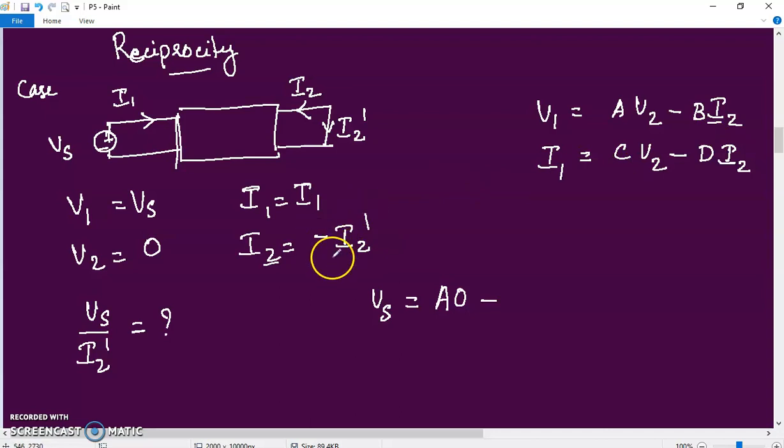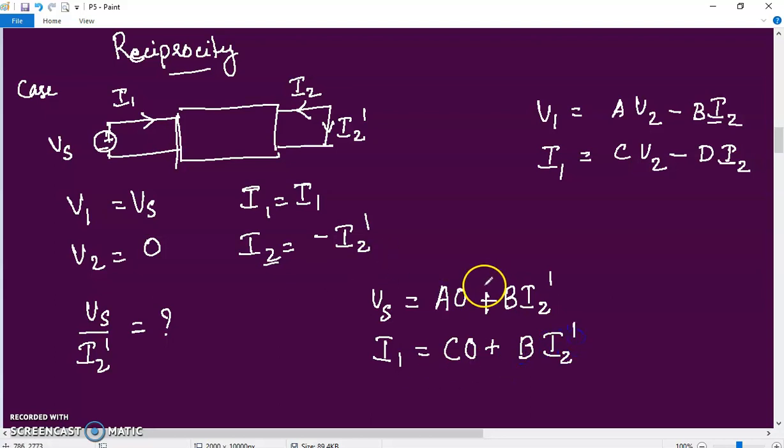I2 is minus I2 dash. So we will have plus B into I2 dash. Next we have I1 is equal to C into V2, which is 0, plus D into I2 dash.